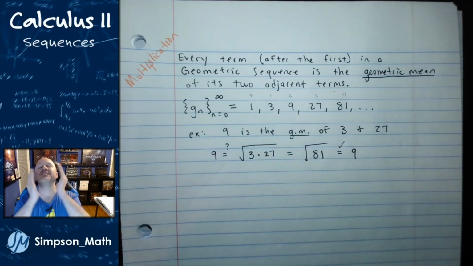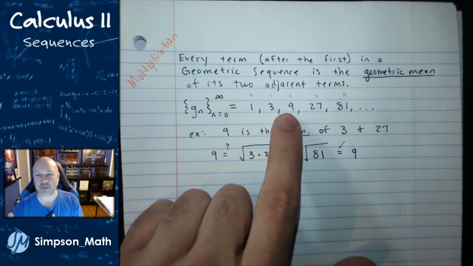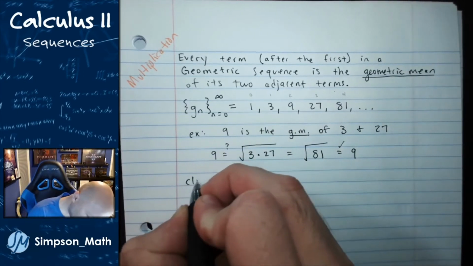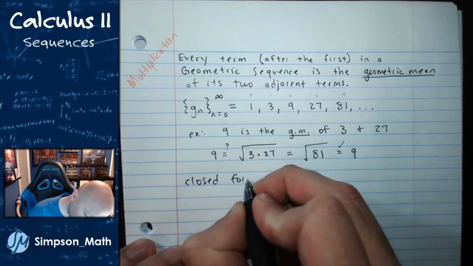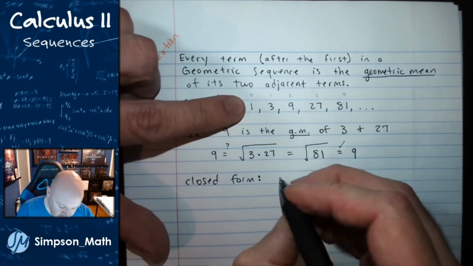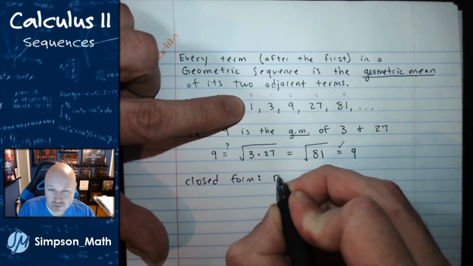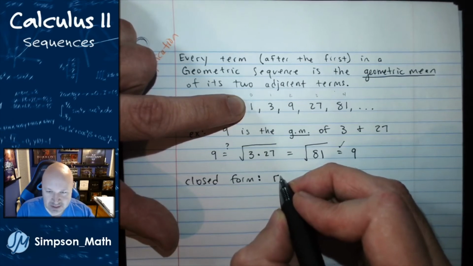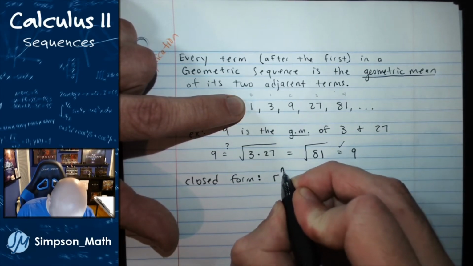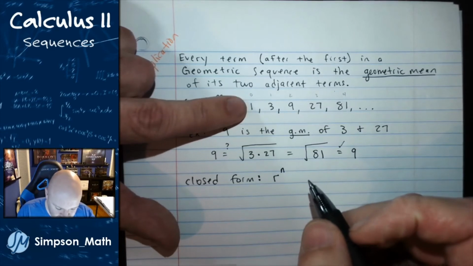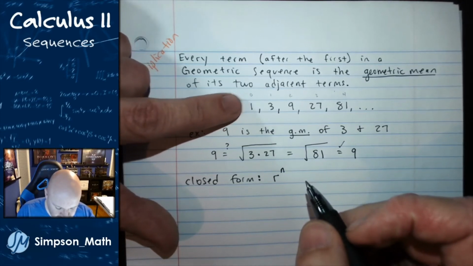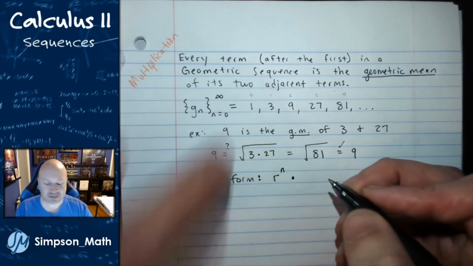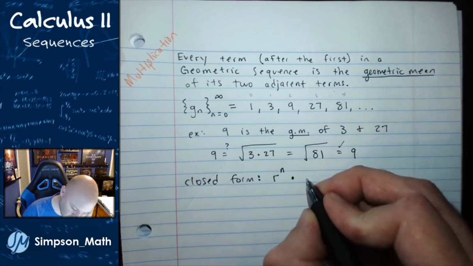A geometric sequence is just a sequence where you're multiplying by a common ratio every single time, here by 3. And I gave away the closed form earlier. You're going to take the ratio of whatever geometric sequence you're talking about and raise it to the nth power. Oh, but I need to multiply, I think, by the initial term.